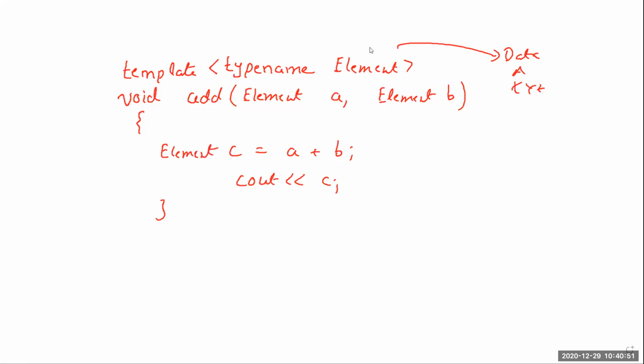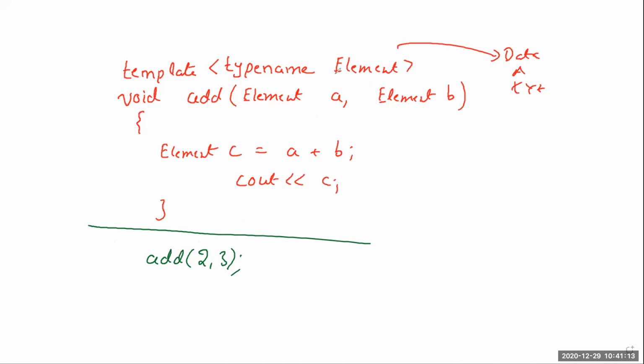Now let me explain how this will work. Suppose from main, someone is calling the function add and passing two integers. 2 and 3 are integers. You can take variables or you can directly pass numbers.